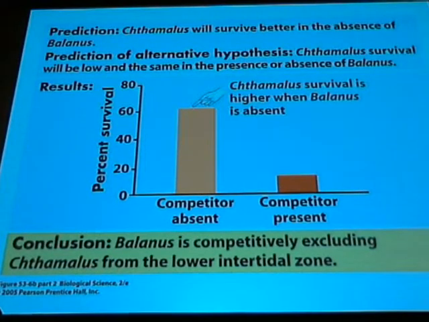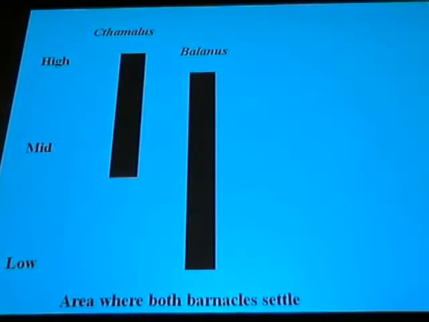There's a species of dogwhelk that preys on the barnacles as well, that excludes it from down low, which cannot survive being out of the water. So even the big barnacles were being restricted from their fundamental niche by other interspecific interactions lower in the tidal zone.